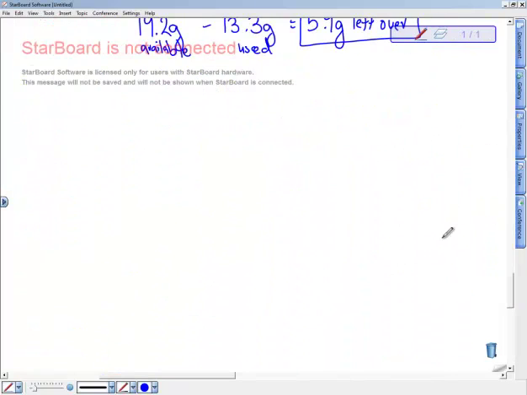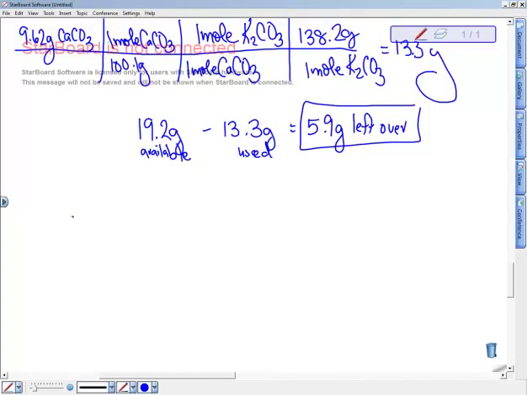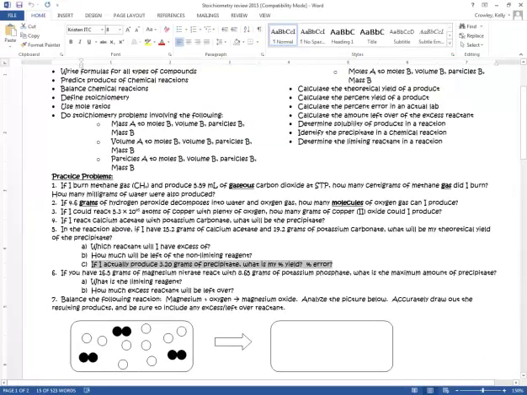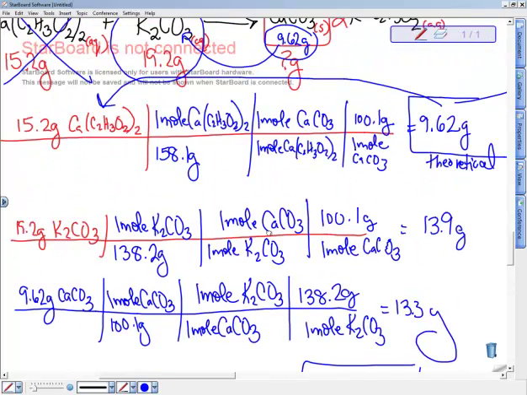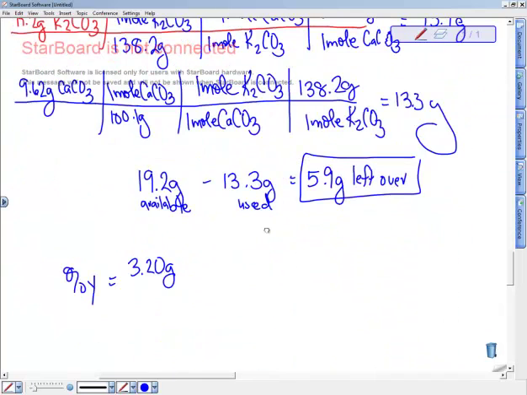So, percent yield is really easy. All I'd have to do is take what I actually got, which they told you is 3.2 grams. So 3.20 grams is what I actually got. And I'm going to divide it by what I should have got, which is 9.62 grams. Times that by 100.